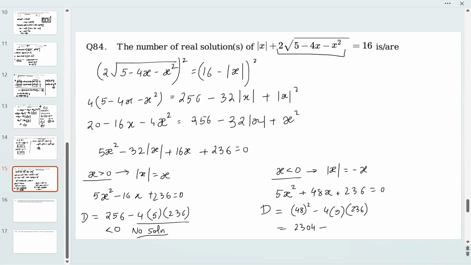And 4 into 5 is 20, so 20 into 236 is 4720, which makes the discriminant less than 0, implying no solution. So here also discriminant is less than 0, no solution, meaning the number of real solutions is 0.